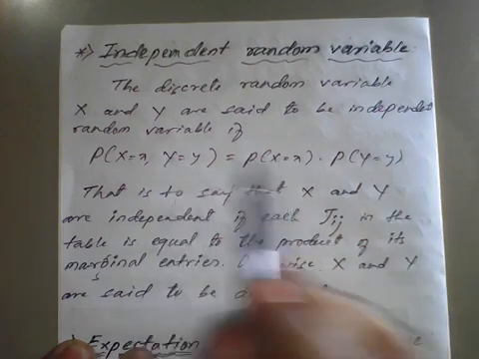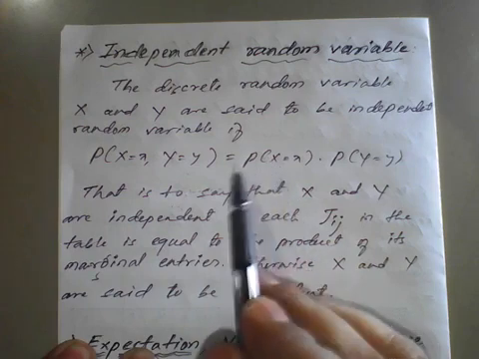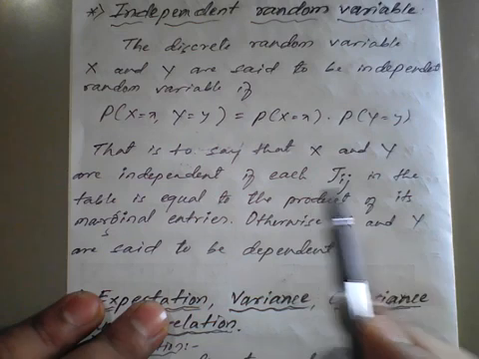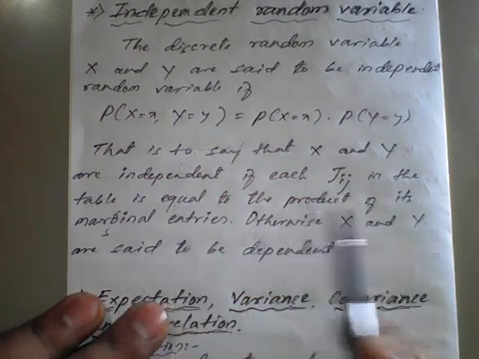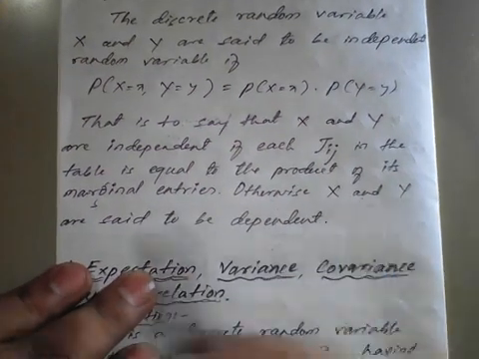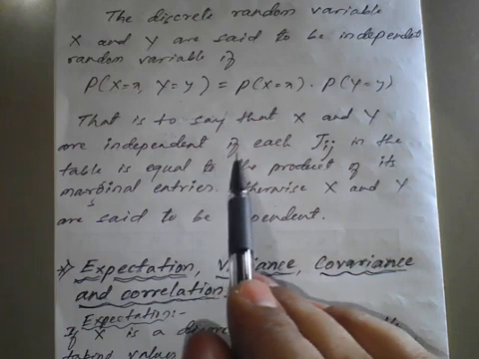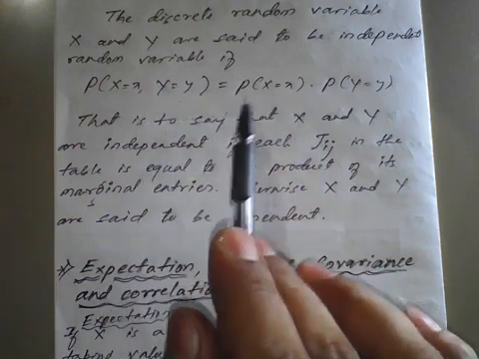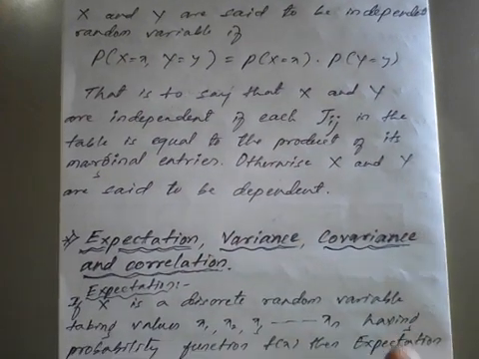If these two conditions are satisfied, that is, the LHS is equal to the RHS, then we can say that x and y are independent, if each joint entry f of xi, yj in the table is equal to the product of its marginal entries. Otherwise x and y are said to be dependent. So if it is not coming the same, it is dependent, and if the results are the same, it is considered an independent random variable.